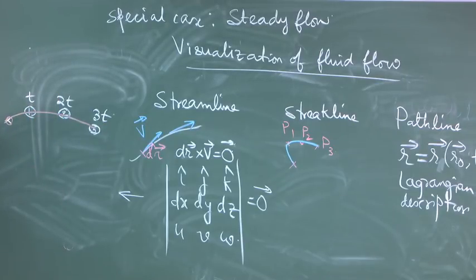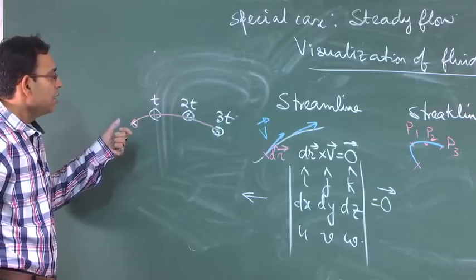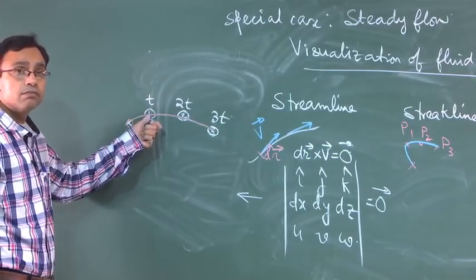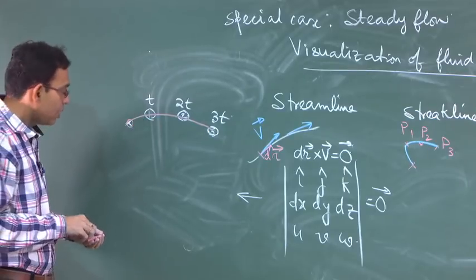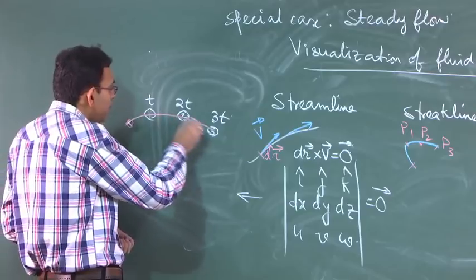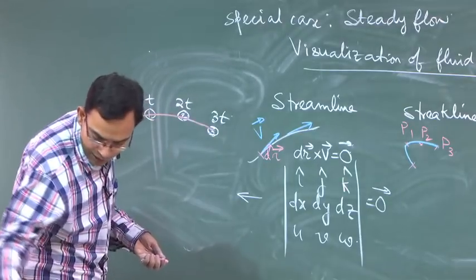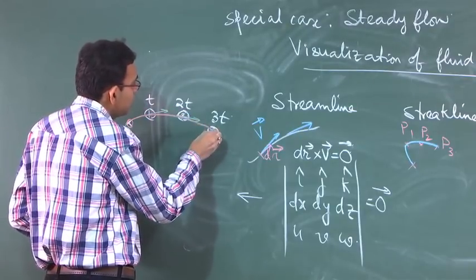If the velocity of the particle at a given location is not changing with time, that is, if the flow is steady, then the tangent to the path by which the particle has gone will represent the velocity of flow.